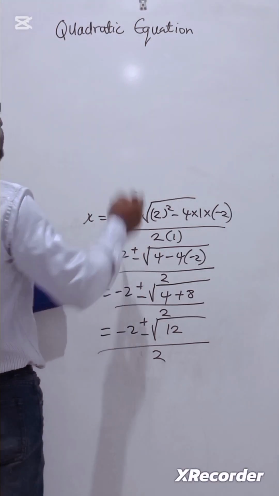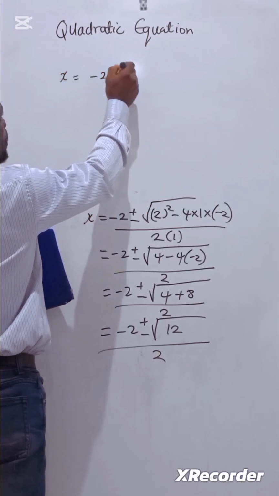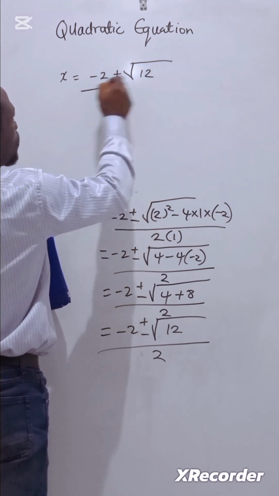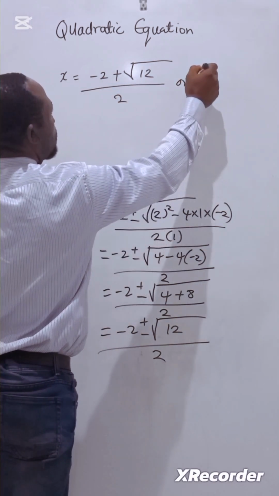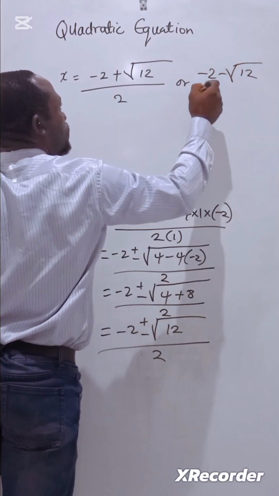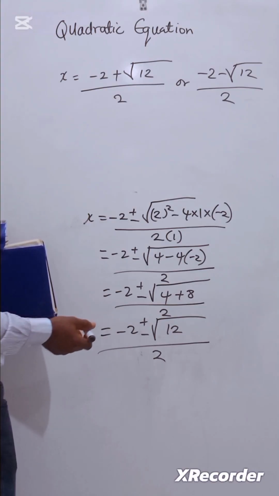So this is the same thing as x is equal to minus 2 plus the square root of 12 all over 2, or minus 2 minus the square root of 12 all over 2. Why is this so?